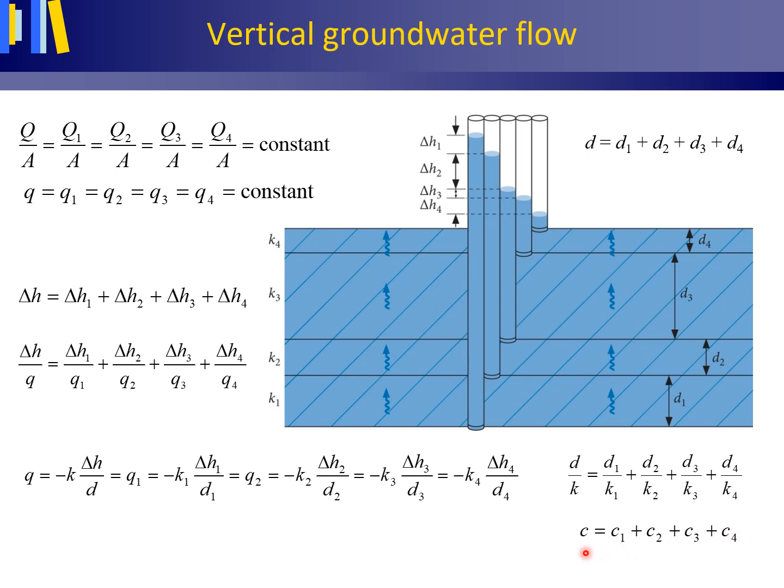The total hydraulic resistance C of a number of horizontal homogeneous semi-permeable layers equals the sum of the hydraulic resistances of each layer.